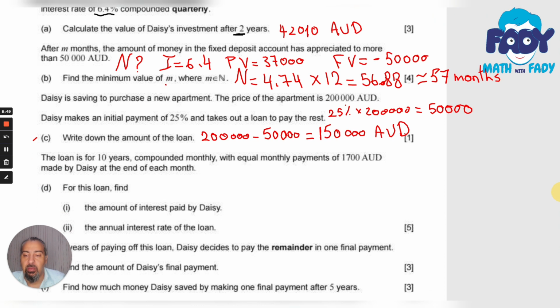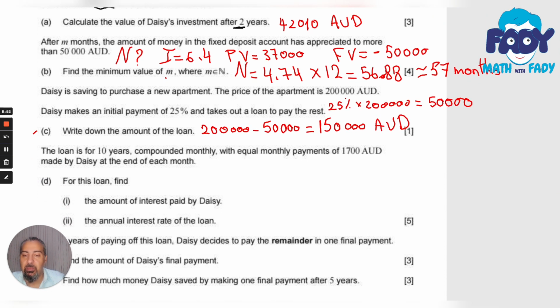The loan is for 10 years, compounded monthly, with equal monthly payments of 1,700 AUD made by Daisy at the end of each month. For this loan, find the amount of interest paid by Daisy. So here we need to calculate the interest itself. So we know that she will pay 1,700 every month for 10 years.